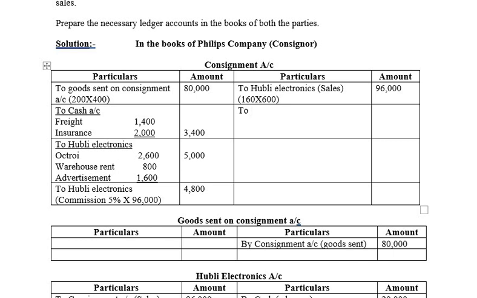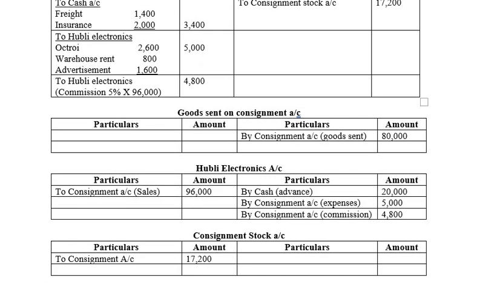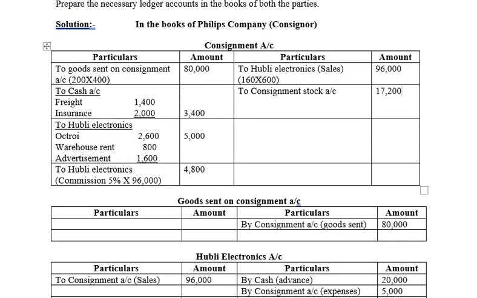It will be to consignment stock account, in the bracket amount is 17,200. Now is there any other entry which is to be passed in the consignment account? No. So let's first close the consignment account.